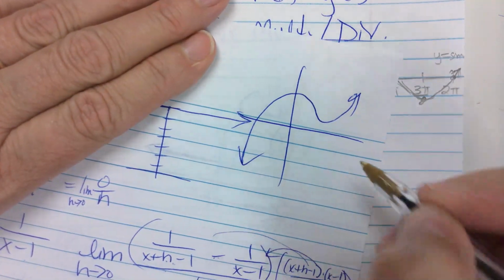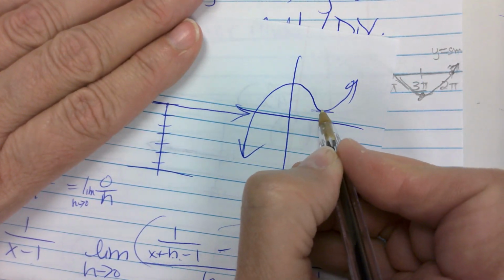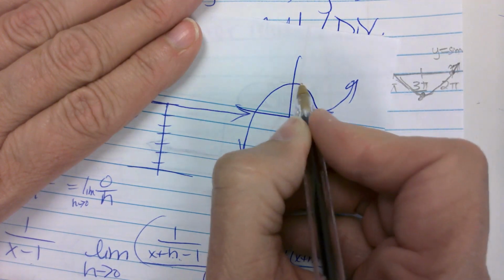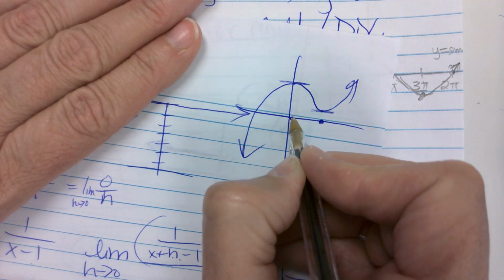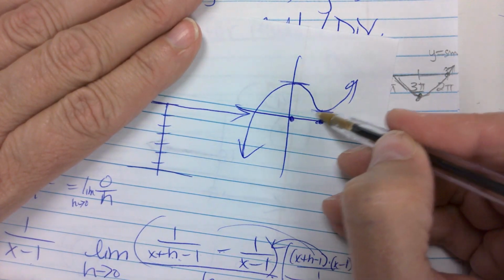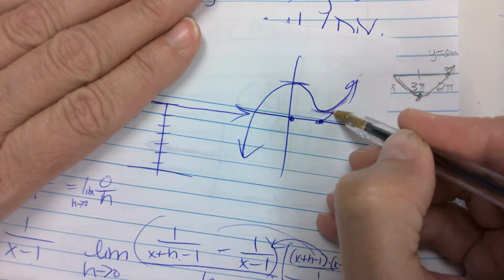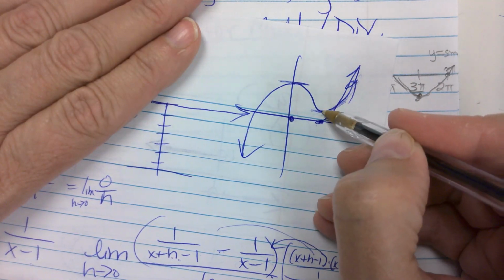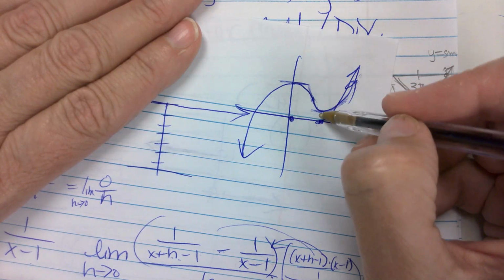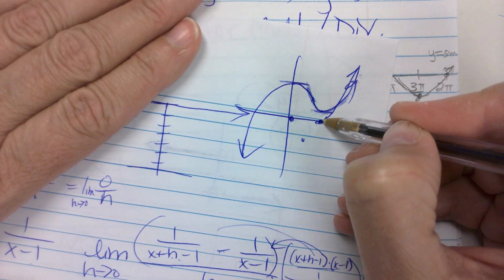Oh, there's my typical graph. What's the slope of the tangent line right here? 0. What's the slope of the tangent line right there? Also 0. So I'm plotting these points. On the right side of 0, what do you see the slopes doing? They're going up, increasing. On the left side, all of them are negative. Does that look like the steepest negative slope? Maybe negative 5, I don't know.